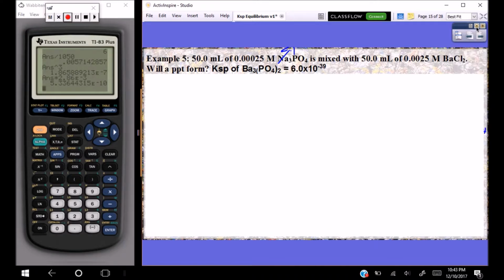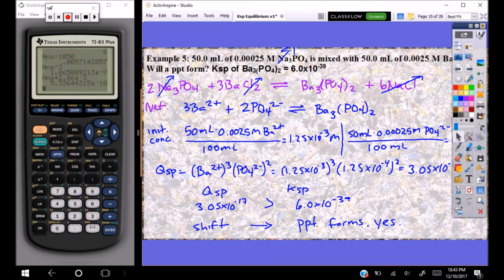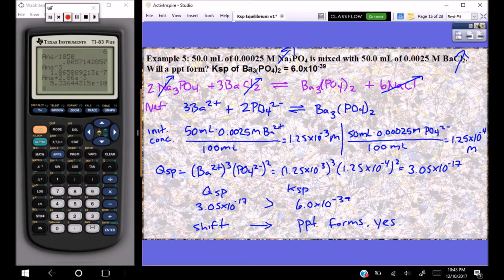The other thing that's a spectator is my chlorine. And if I look, here we go. I even showed that in here too. My original balanced equation, sodium phosphate plus barium chloride gives me barium phosphate and sodium chloride. I really only care about the barium ions and the phosphate ions, so I showed you my net breaking down there.